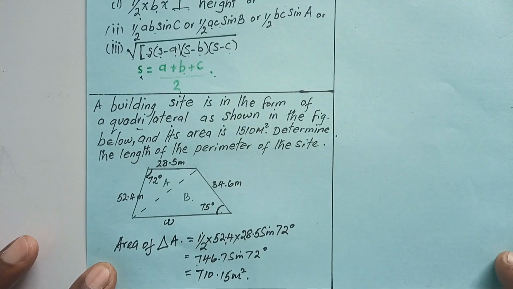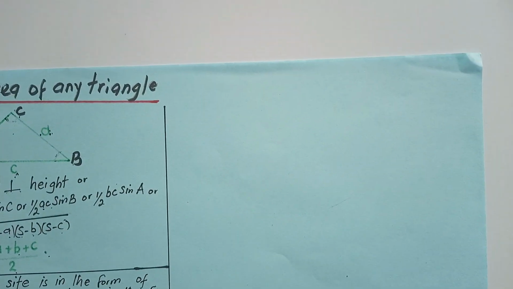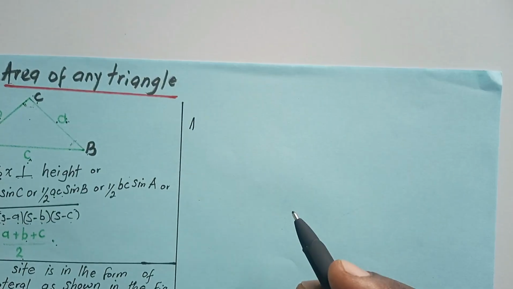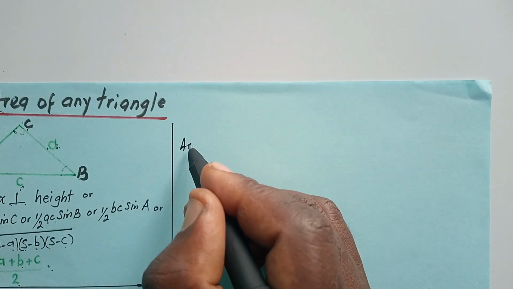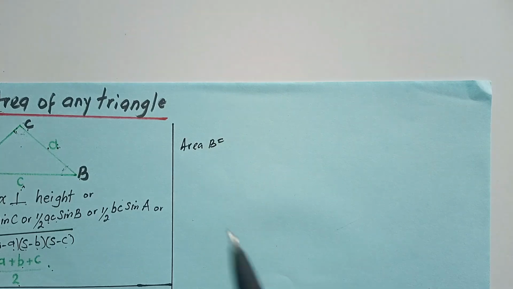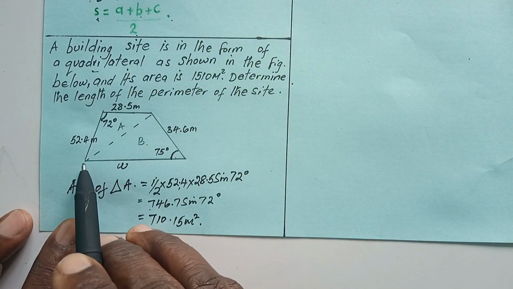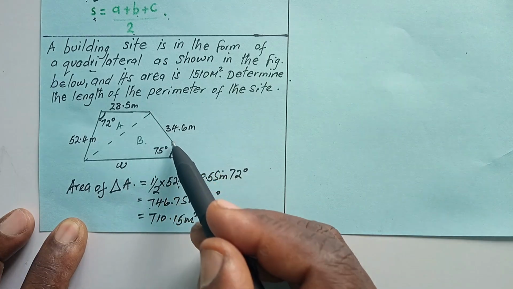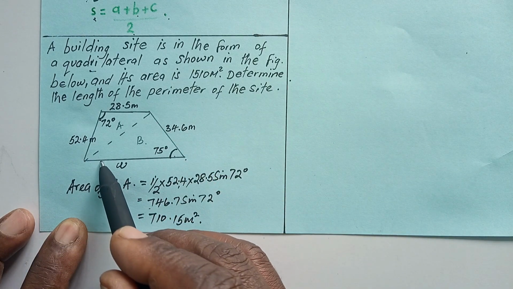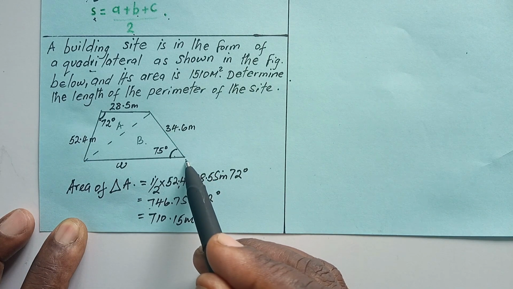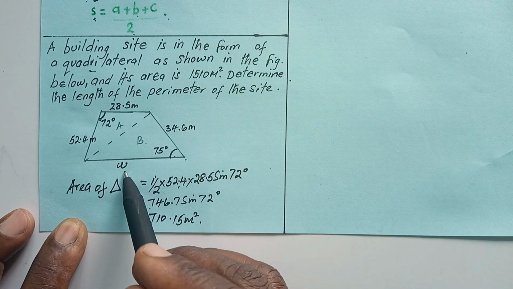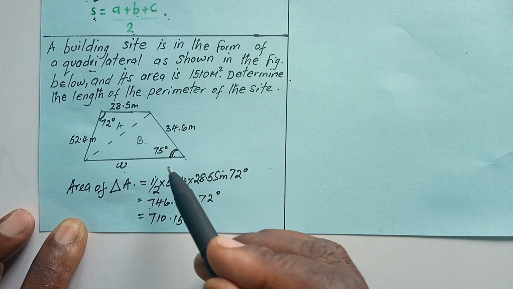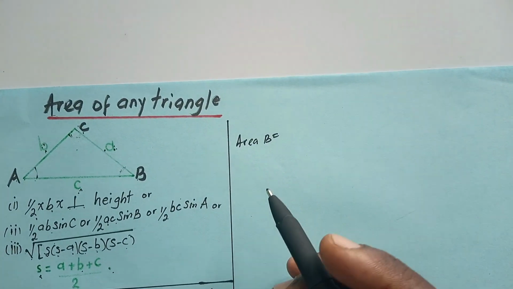Now let us move on to finding our area B. Likewise, this is our area B now. We have 34.6 as our length here, and this length we are not given, we call it W, and the included angle is 75 degrees. So we're going to work it this way.